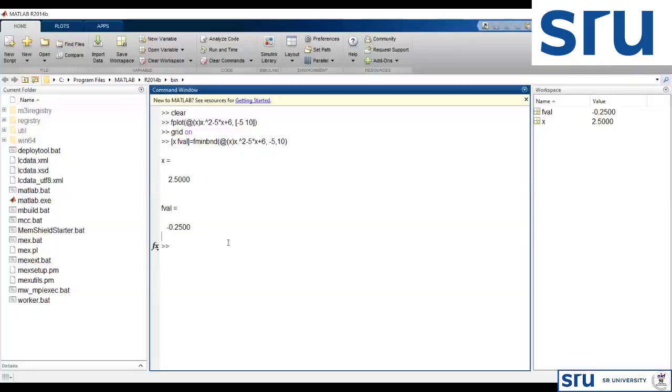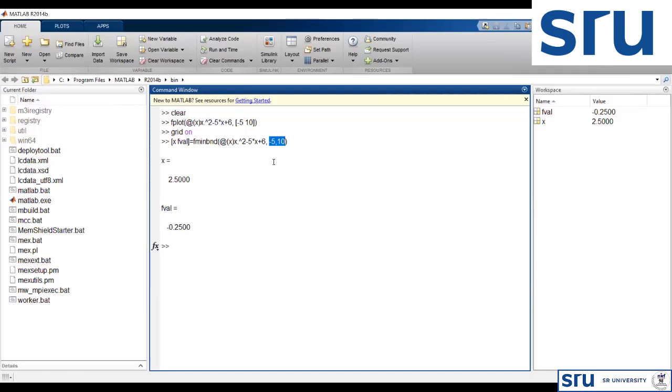Now is there any doubt? You ask me questions. It's simple, you just have to keep in mind the command name fminbnd, how to enter your function, and the limit x1 comma x2.